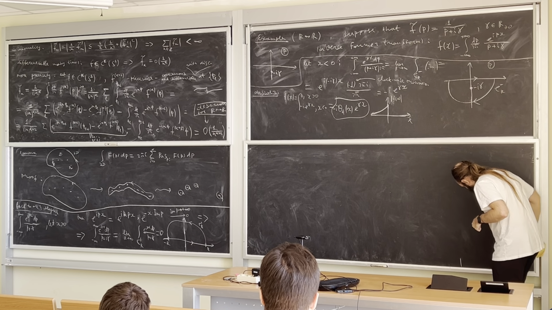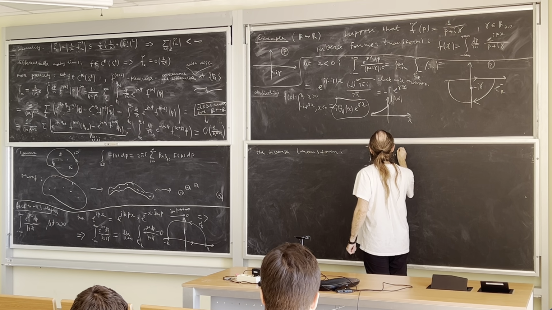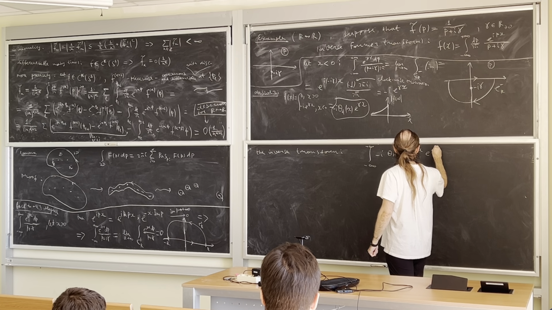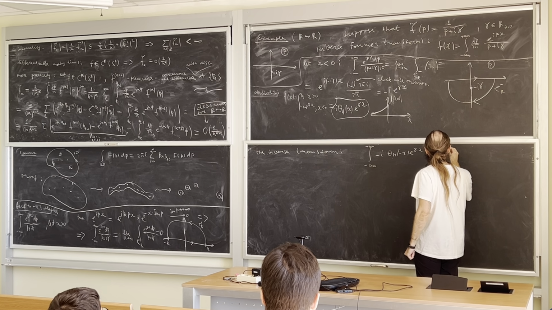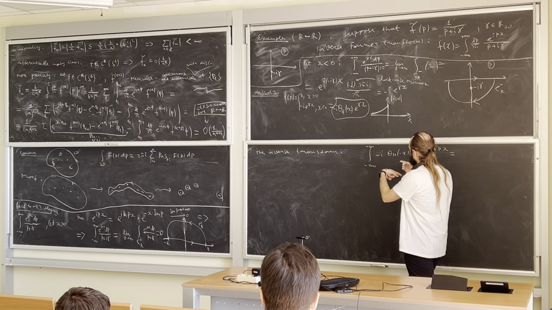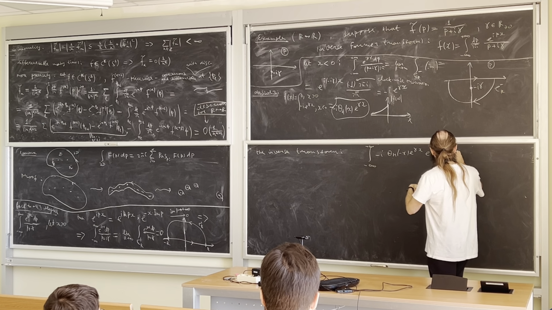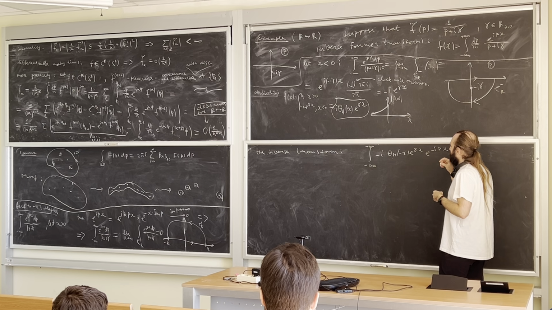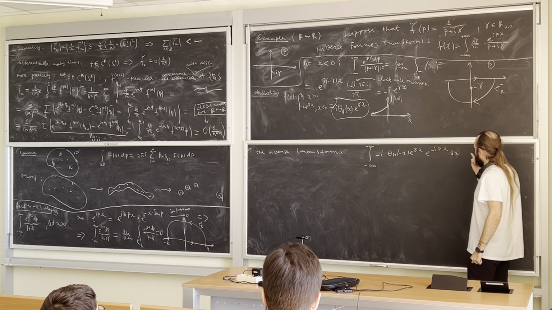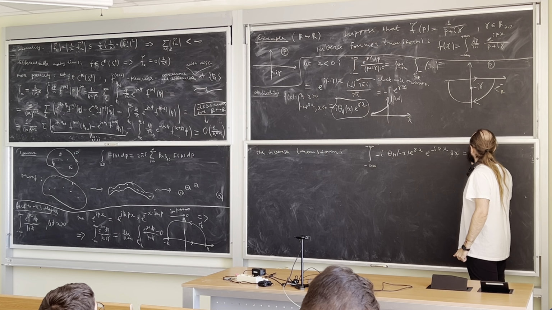So we want to compute the integral from minus infinity to plus infinity of minus i theta Heaviside of minus x e to gamma x e to minus i p x dx. We can restrict this integral to the half line and invert the domain of integration.